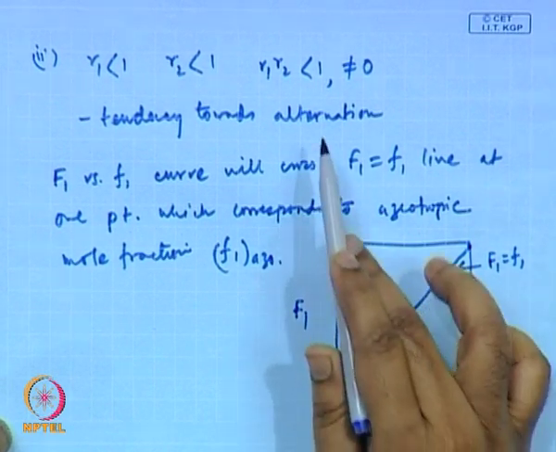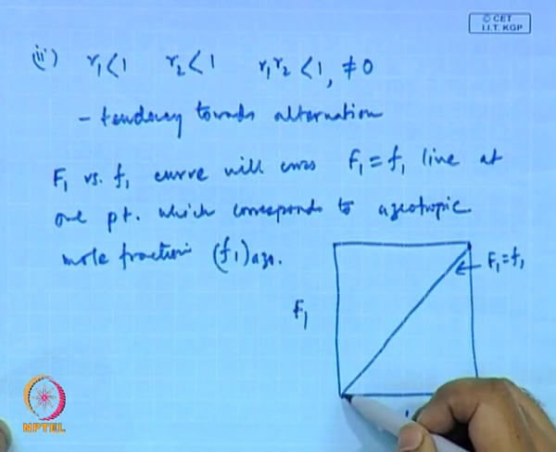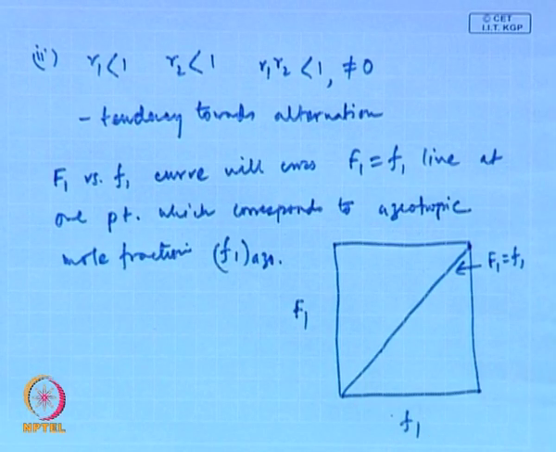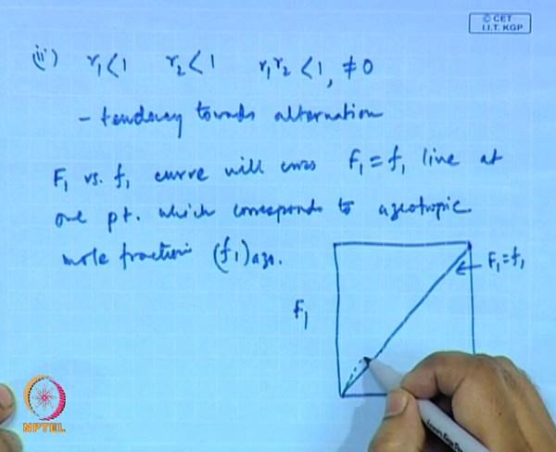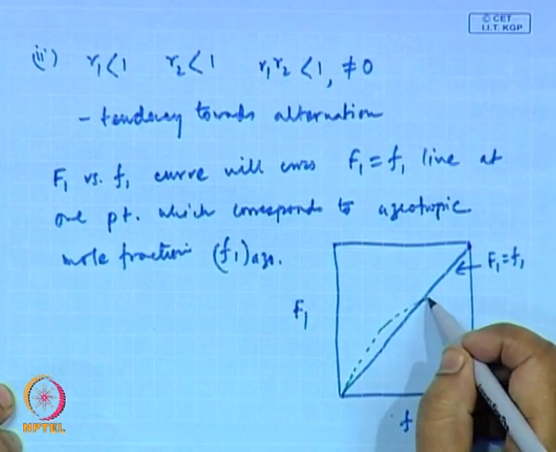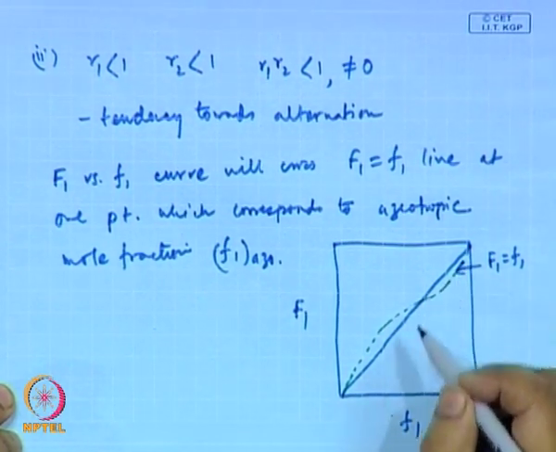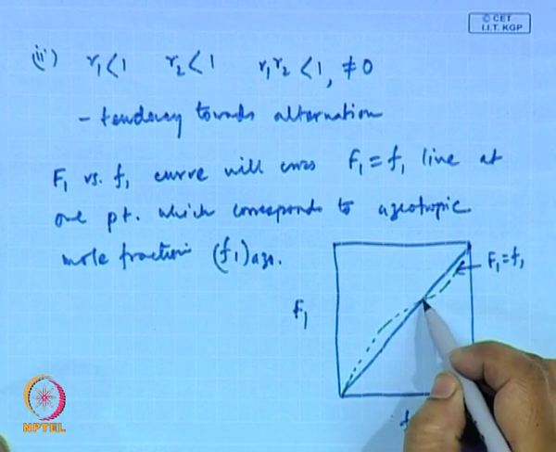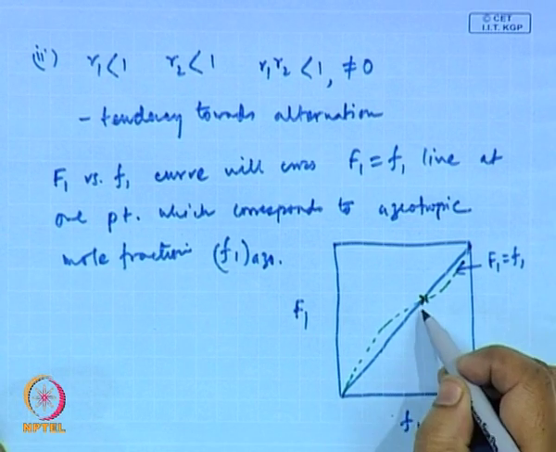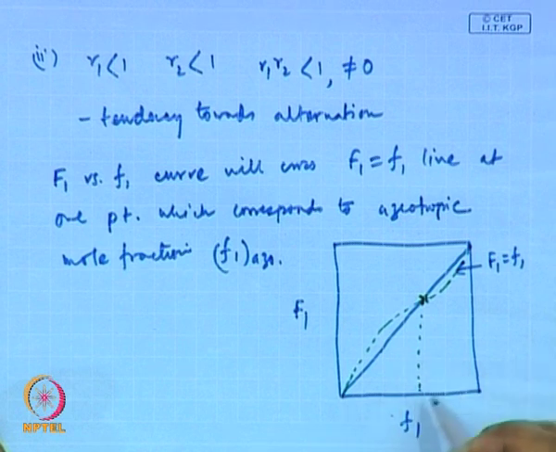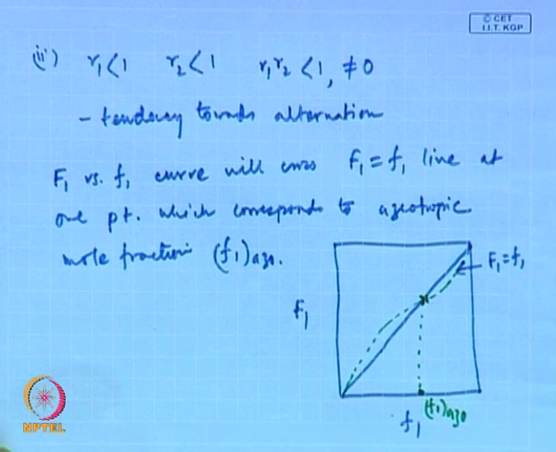Now, in this case if both are less than 1, you will get a line like this, which will cross over in this point. So, this composition corresponds to F 1 azo.